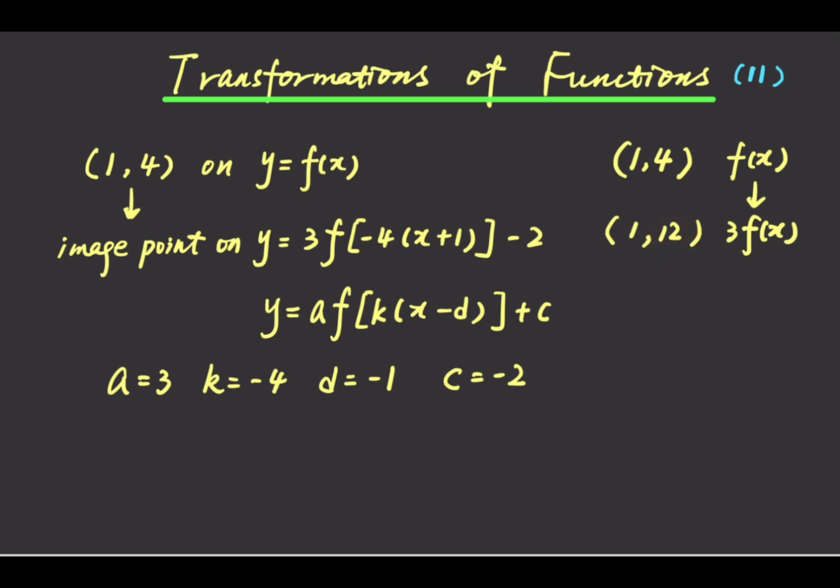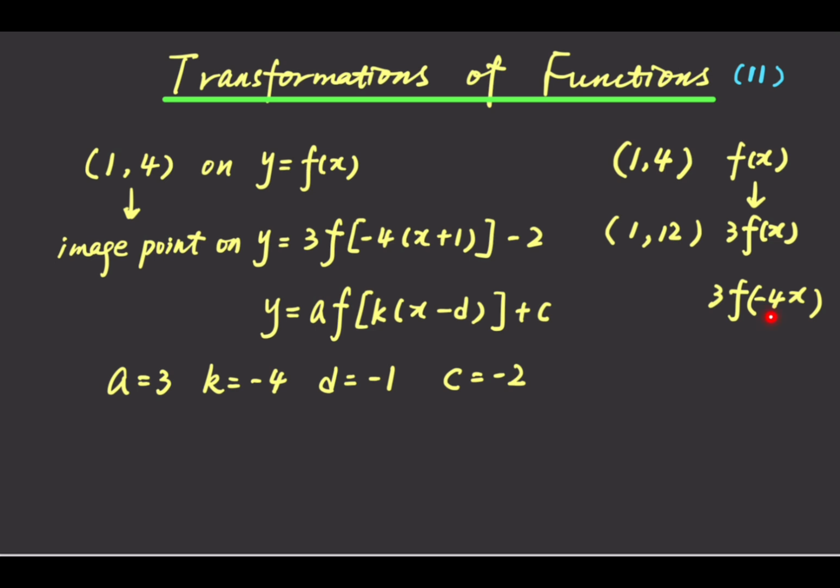Okay, next, on this function, here k equals negative 4. The negative sign means you must reflect the graph over the y-axis.